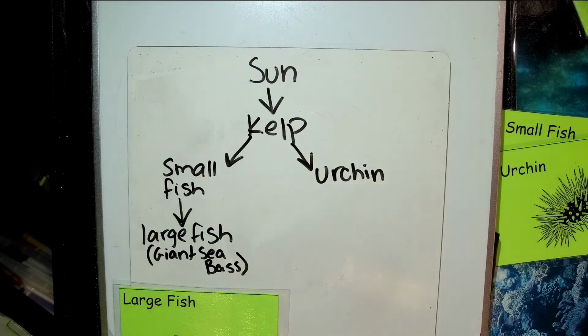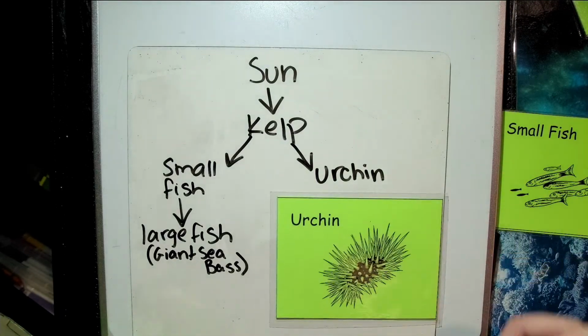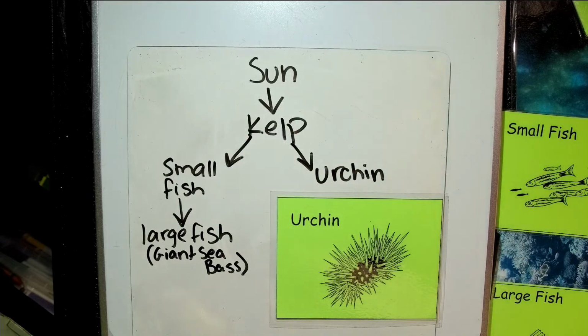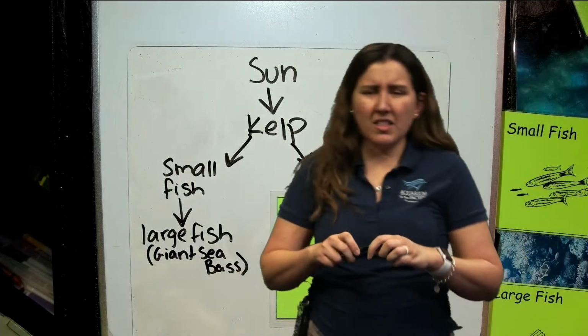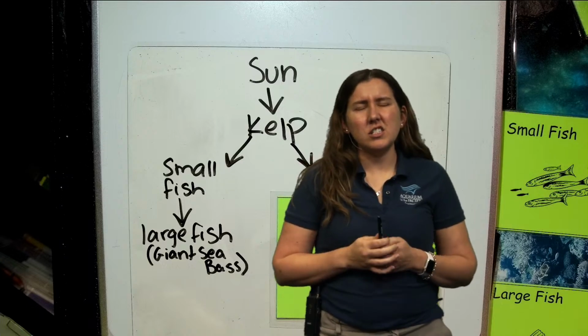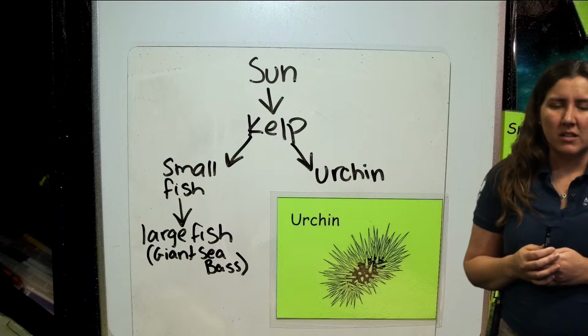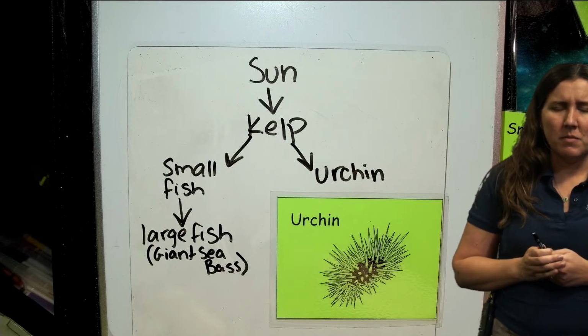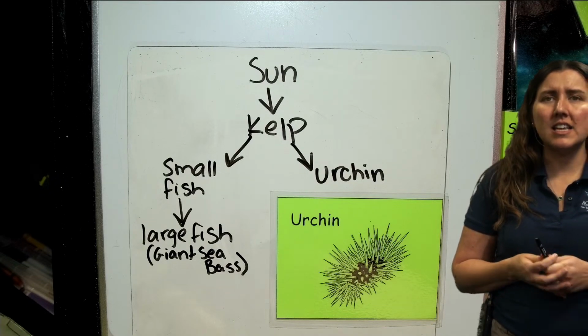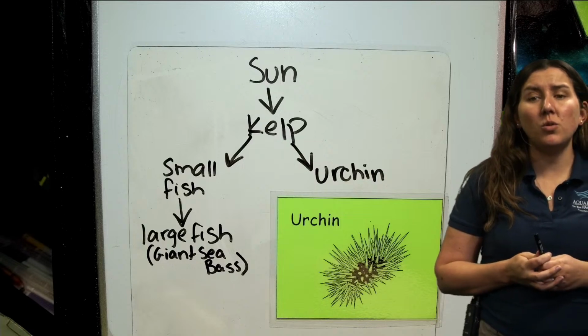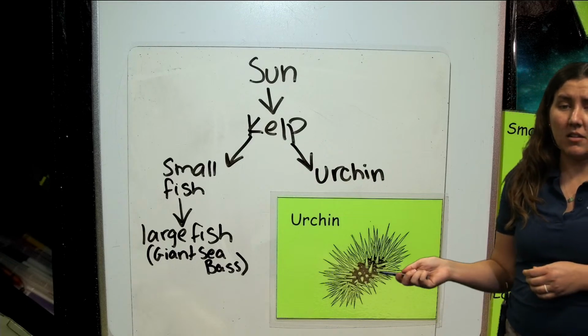Now that urchin, that urchin is really spiky. Do you think the giant sea bass is also going to eat urchins? No. We might need something that has teeth or that can use tools to try and eat an urchin.